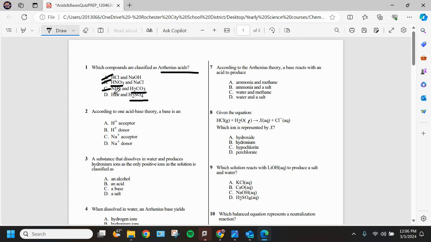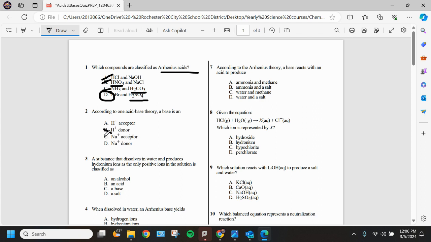Okay, moving on. According to one acid-base theory, a base is either an acceptor or a donor. Well, I know H plus donor is the definition of an acid.